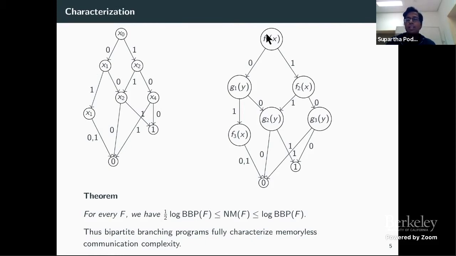The only difference is that nodes are labeled, instead of by variables like x0, by a function which is either computing on x or computing on y. So it has this distributed nature. This bipartite branching program actually characterizes the memoryless communication complexity setting.